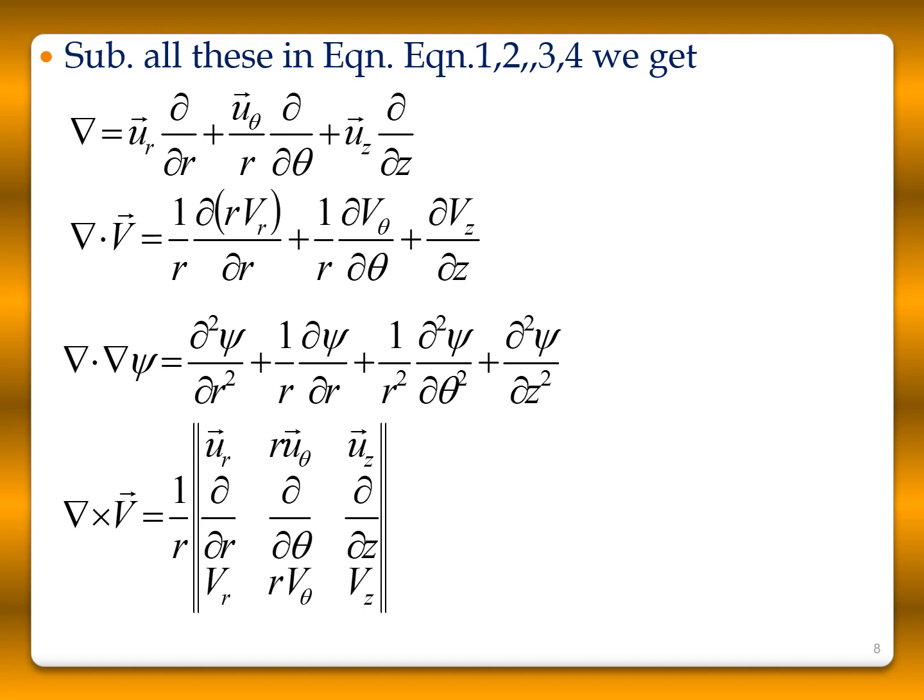And the curl is 1 by r times the determinant with rows U r, U theta, U z; dou by dou r, dou by dou theta, dou by dou z; and V r, r V theta and V z.